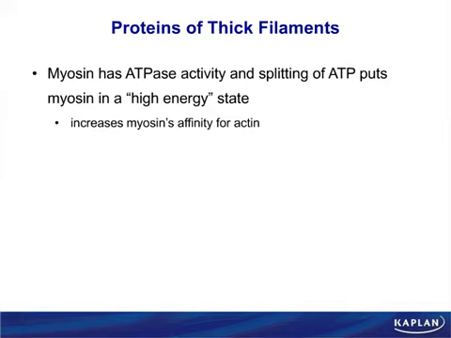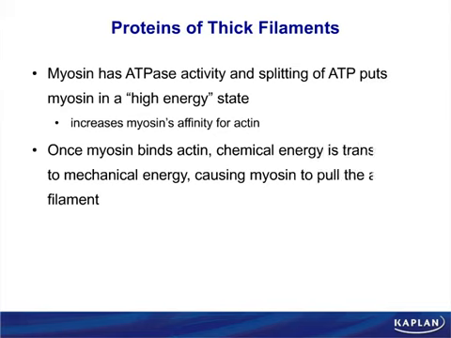That's got myosin in a high energy, high affinity state. Once the myosin binds to the actin, this chemical energy coming from the splitting of ATP is transferred to mechanical energy, which causes myosin to pull on the actin filament.